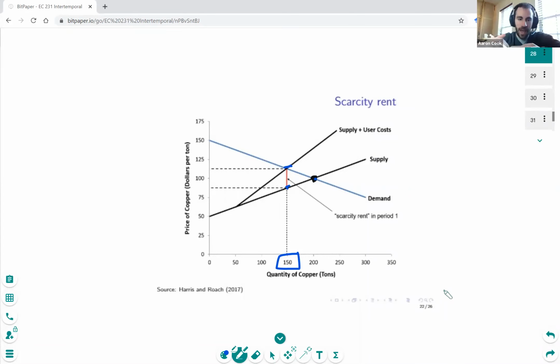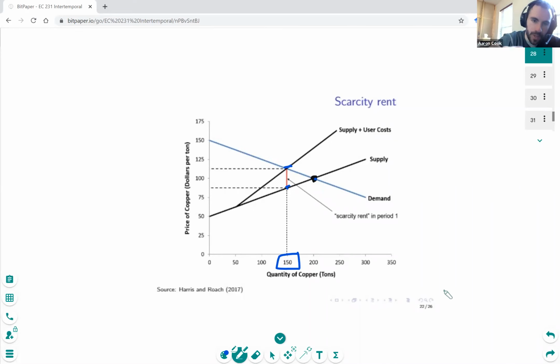So this is another way of thinking about the optimal allocation over time: to think of it from the perspective of a resource owner trying to extract the resource optimally over time. If you stop before 200 and cut back to 150, you're able to charge a little bit higher price, because the marginal benefit curve is a curve.